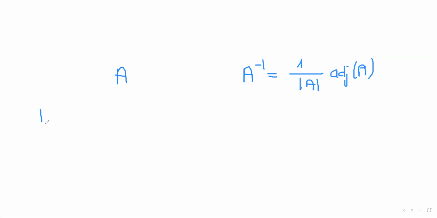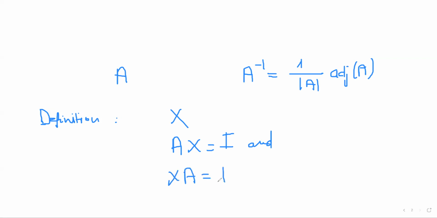Before I pass to the realization and example of this formula, I would like to give the definition of the inverse matrix. Which matrices do we call inverse? If there exists a matrix X for which A times X equals identity and X times A equals identity, then this matrix X is called the inverse of matrix A. We denote it like this: X equals A inverse.